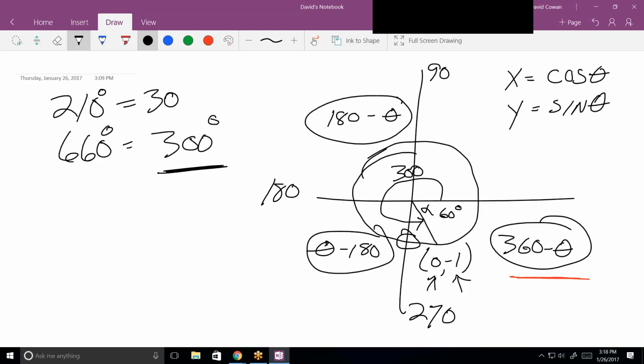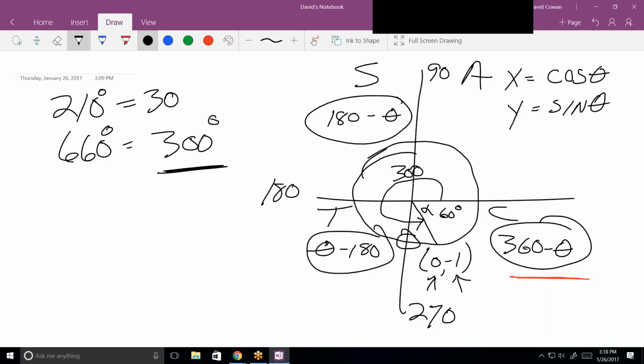When I say equivalent first quadrant angle, that's the same as the reference angle. So I'm going to base all my calculations on a 60-degree angle, and then I'm going to use All Students Take Calculus to tell you whether it's plus or minus.